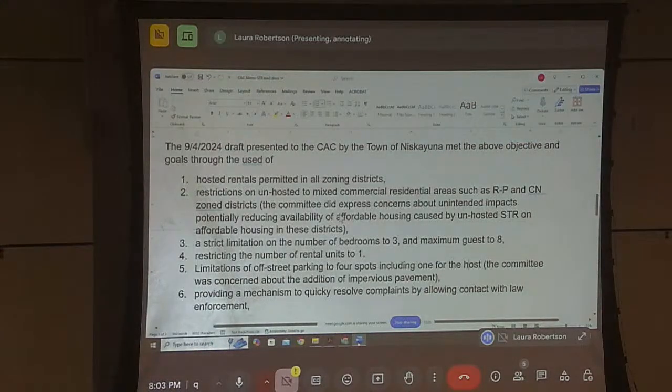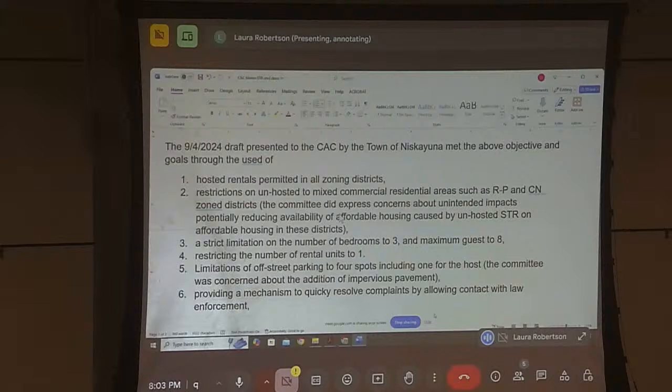The committee did express concerns about unintended impacts, potentially reducing the availability of affordable housing caused by unhosted short-term rentals on affordable housing in these districts, referring to RP and CN.